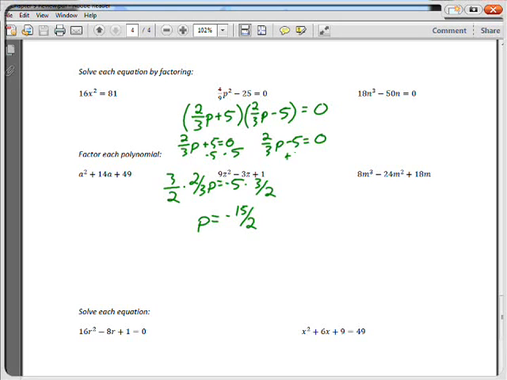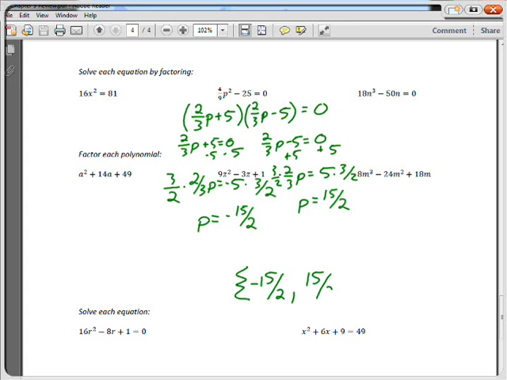Over here, add 5 to both sides. Be left with 2/3 p is equal to 5, and then take it times the reciprocal. And again, p is going to be equal to a positive 15 halves. So my answer will be a negative 15 halves and a positive 15 halves.